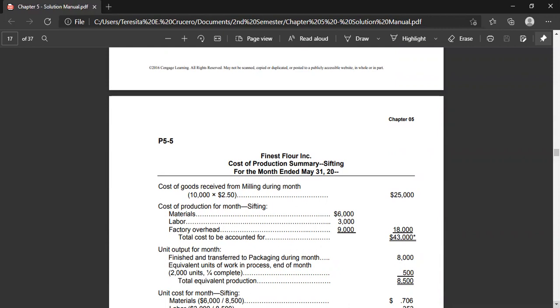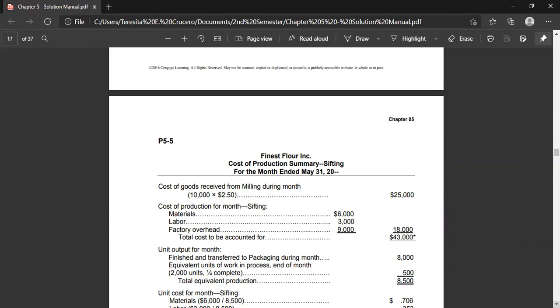So we have now for the first requirement, the cost production summary in 5-5. So we have now the number of units in the stock room is 10,000 units, and you have now your cost per unit applicable.